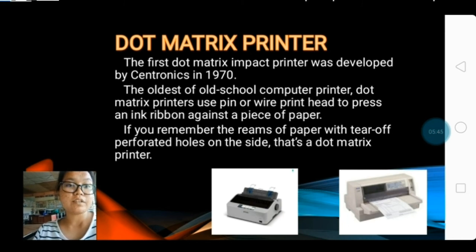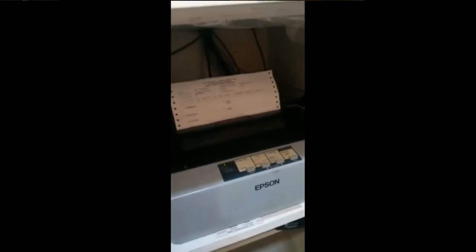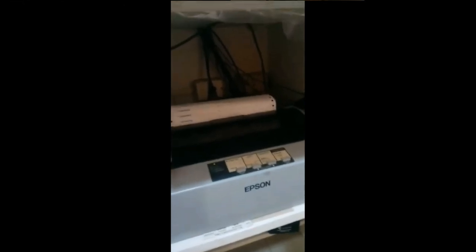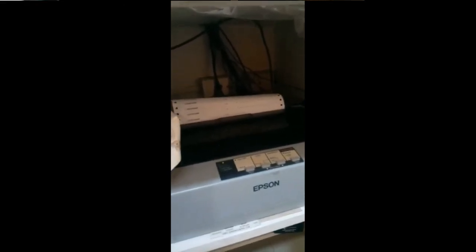If you remember, the reams of paper would tear off perforated holes on the side. That's a dot matrix printer. This is a dot matrix printer printing a document. As you can see, there is a hole on every side of the paper, and it's quite noisy.